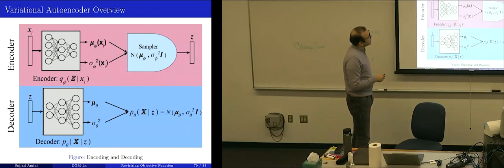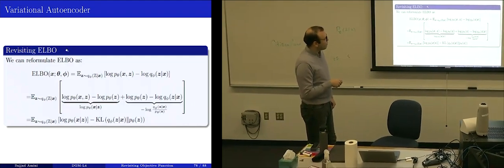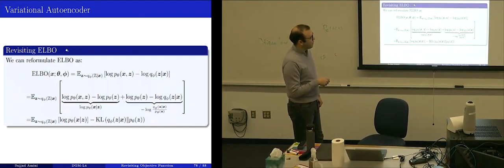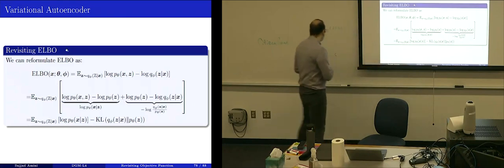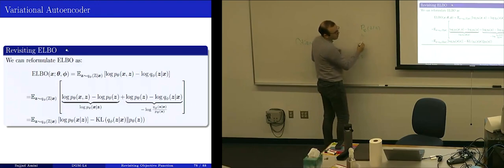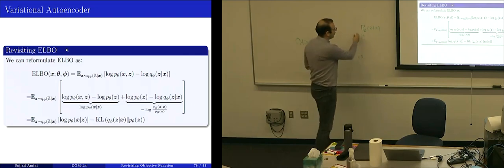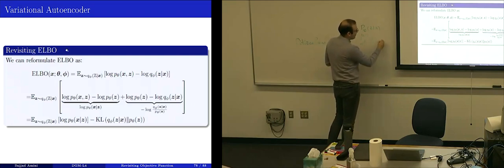Okay, the first term says that for an input x, you form the distribution by passing x through the approximate posterior network. This network generates two parameters, a mu and sigma 2. These two are used to form the distribution q phi of z given x.